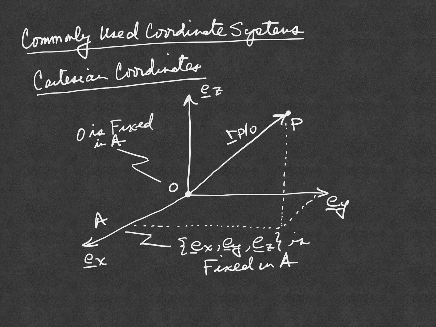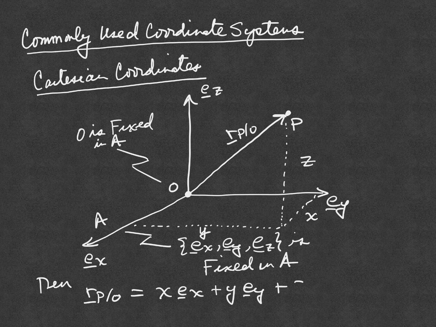Well, what are these components? Along EX, I would naturally call that X. Along EY, I would naturally call that Y. And along EZ, I would call that Z. So then, the position of P relative to O is equal to X EX plus Y EY plus Z EZ.